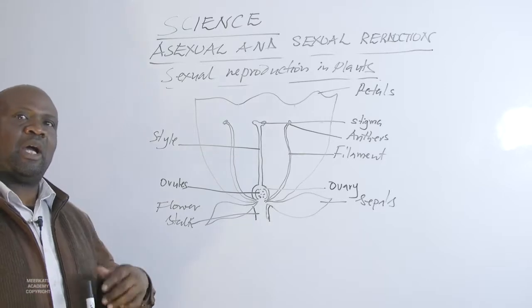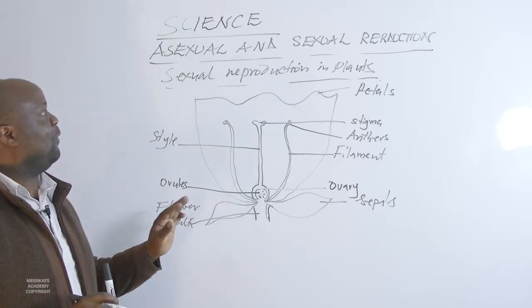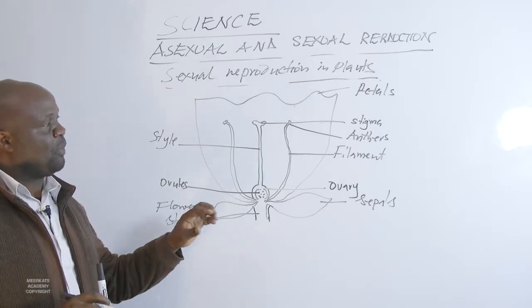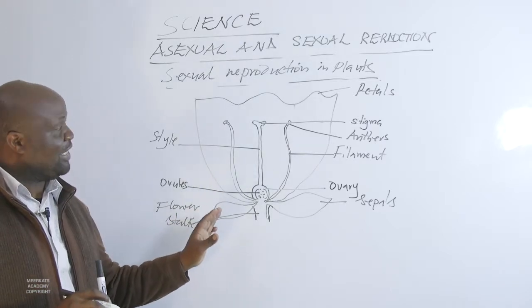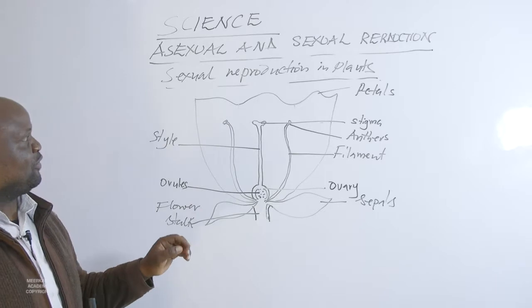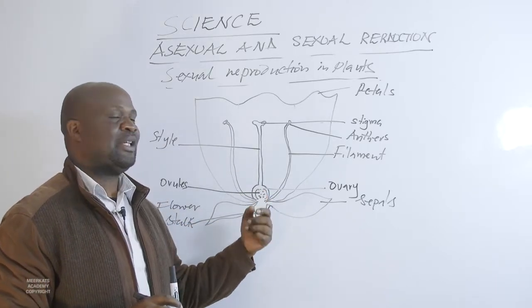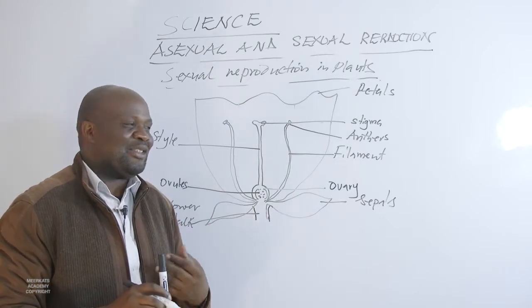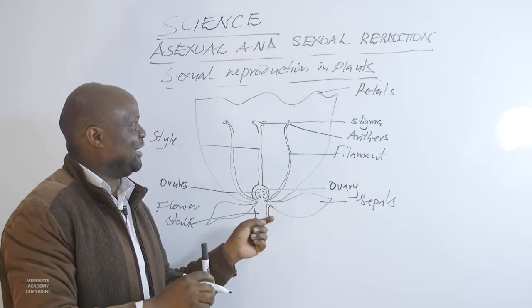So we have just given an example of what a flowering plant looks like. And from a flowering plant, we have drawn what a flower is. We have shown that a flowering plant has the male part and the female part within its system.